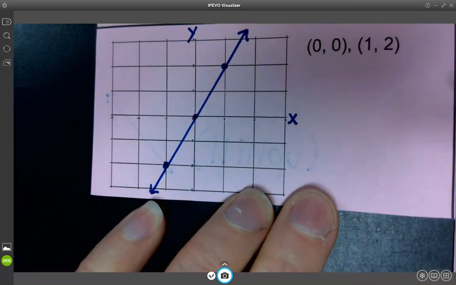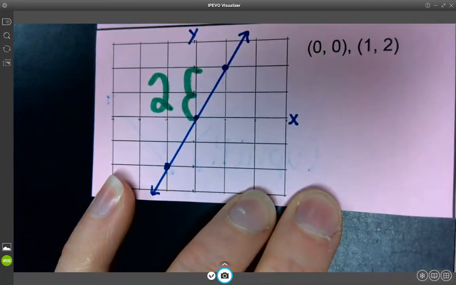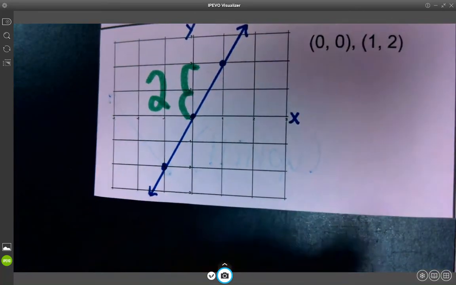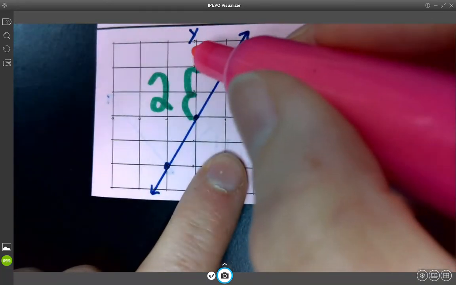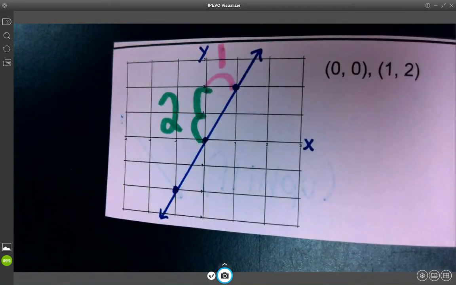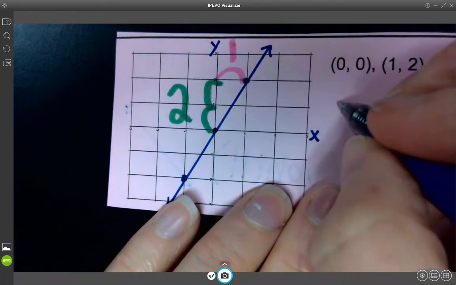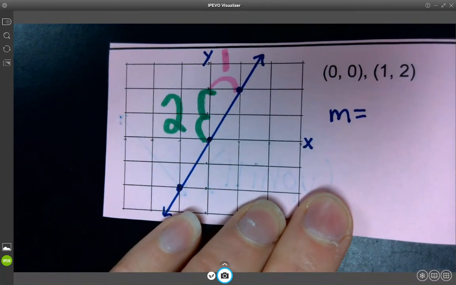I'm going to do my rise in green and go 1, 2. And then run 1. So I'm going to write it in pen, my slope, and then I'll reduce it.